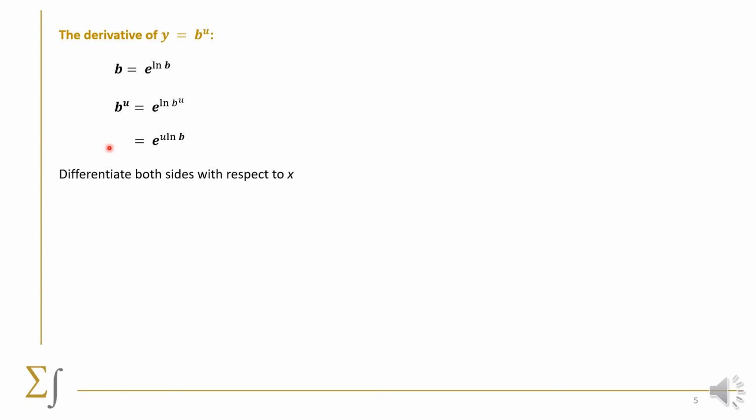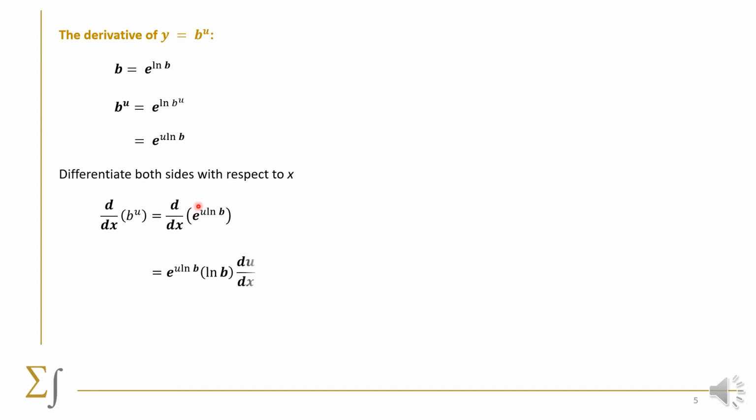Next, we differentiate both sides with respect to x. So here we have d by dx of the left-hand side equal to d by dx of the right-hand side. And on the right-hand side, we have an exponential function, and we all know how to differentiate an exponential function.